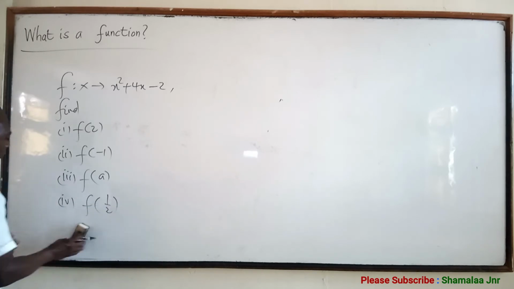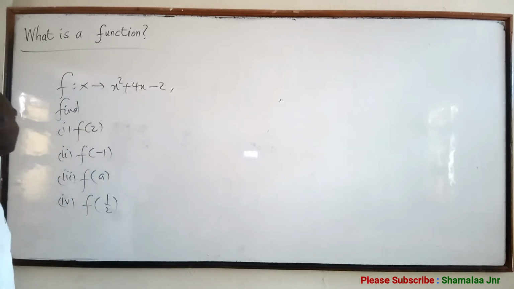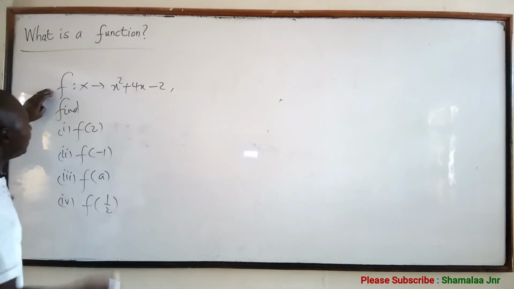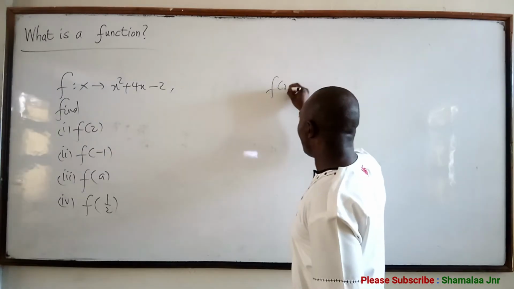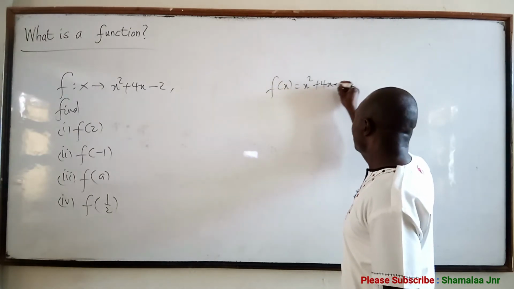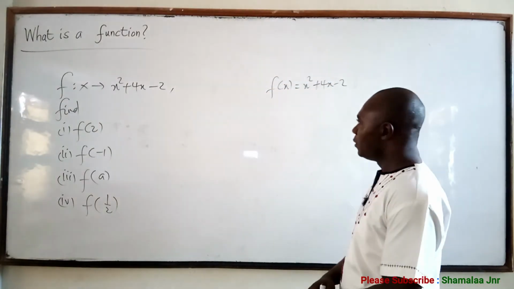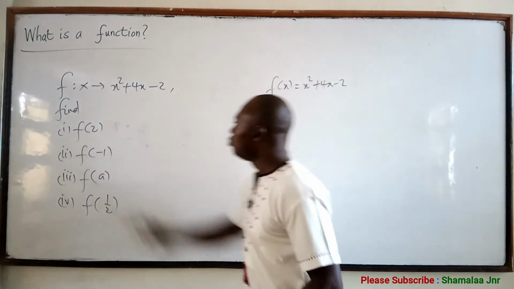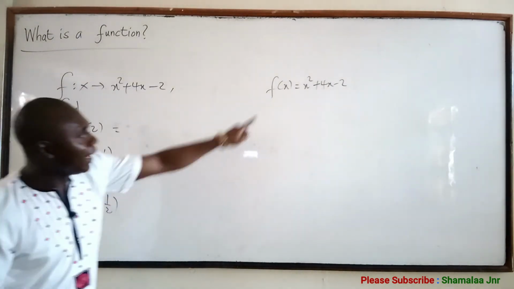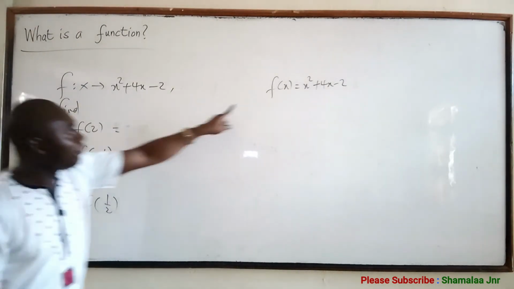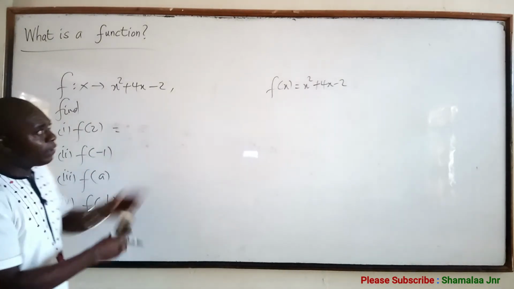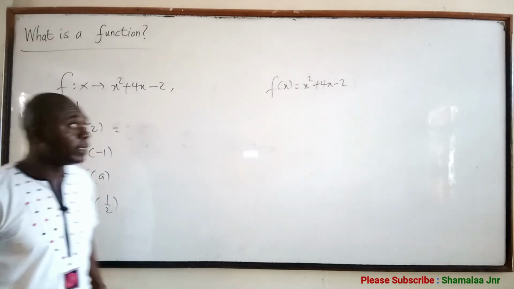And then, okay, so let's look at this. So we have been given this. f of x equal to x squared plus 4x minus 2. So if you have been asked to find f of 2, what this means is that wherever you see x, you should write 2 there.